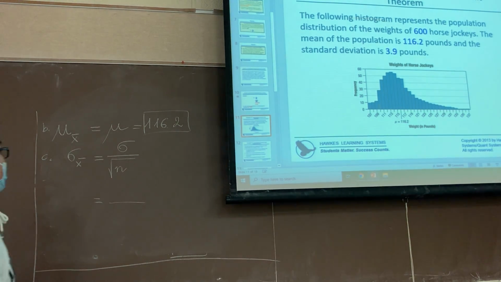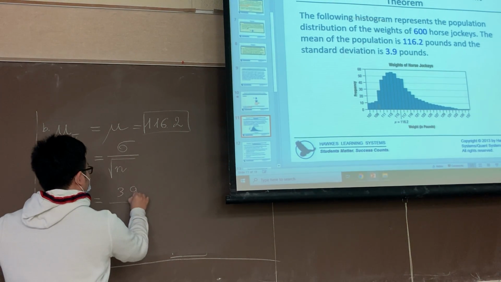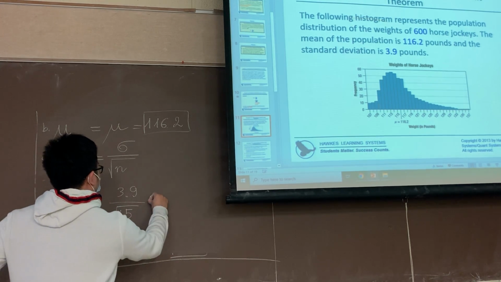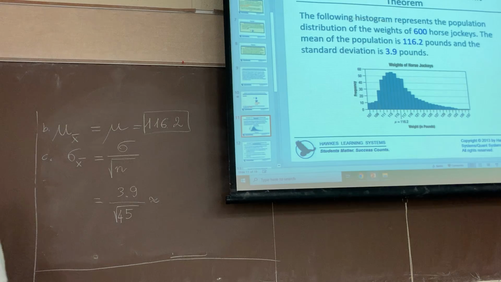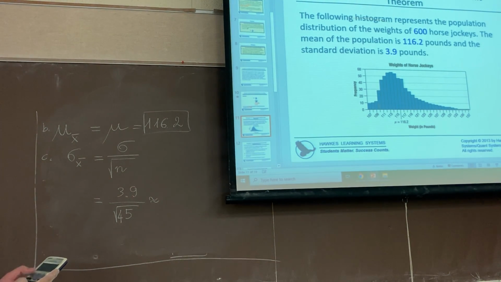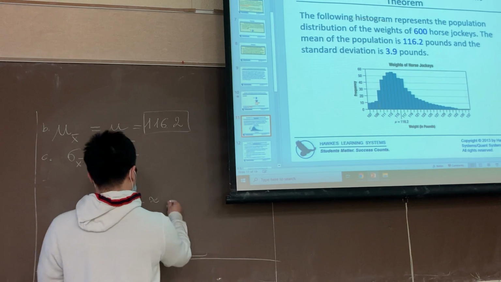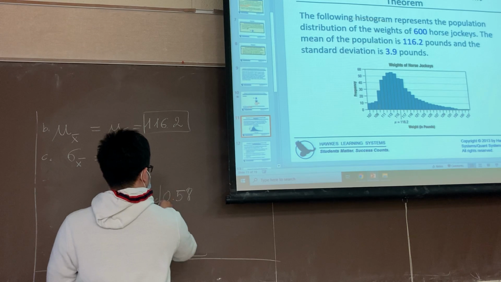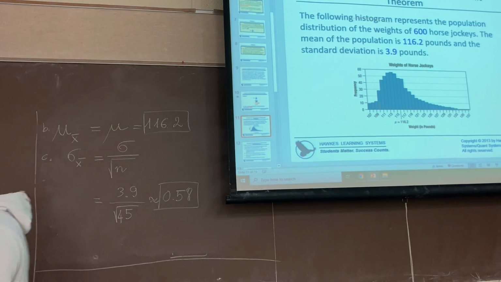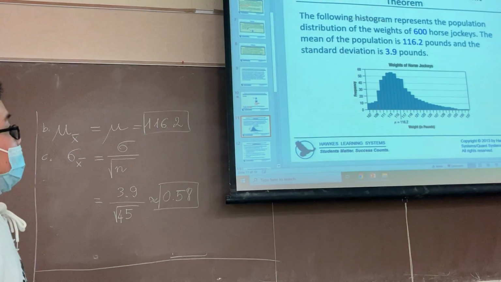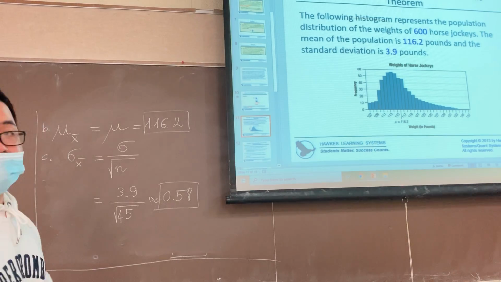Exactly, 3.9 and n is 45. Now I will use the calculator, and the result should be 0.58. That is the standard deviation of the sample mean.